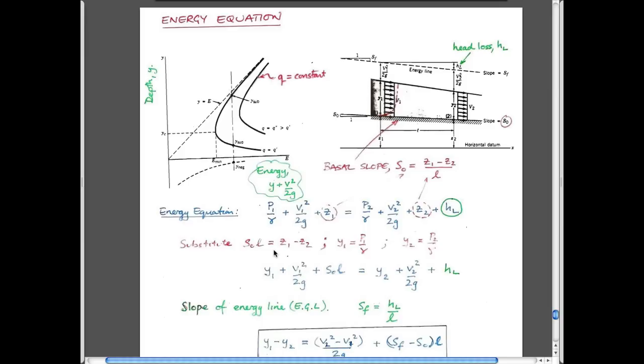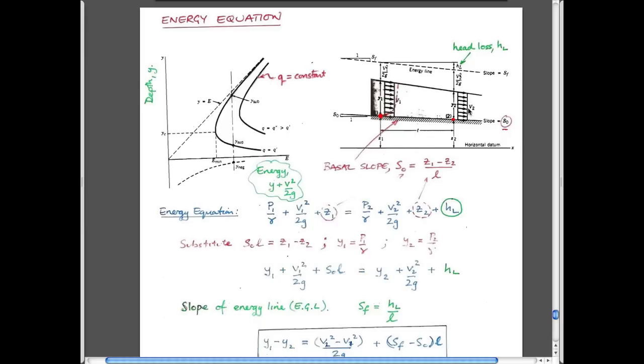And the idea is that we can take a flow which is a deep flow upstream, a less deep flow downstream. The bottom of this bed has some slope to it, which we'll call S0. We've already called S0. And if we wanted to write Bernoulli at each of these points here, this upstream point and this downstream point, points 1 and 2, then we could do that in terms of everything we have on this diagram.